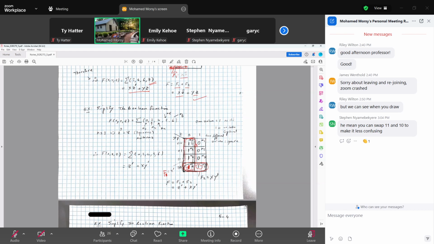What are the values of Y? 0, 1, 1, 0. Different values. So should we take it or skip it? Guys, should we take Y into consideration or skip it? Skip it.